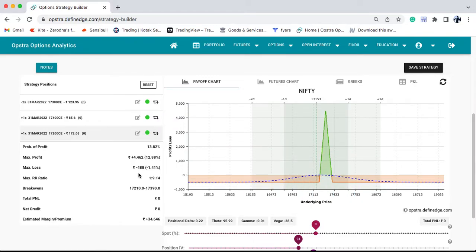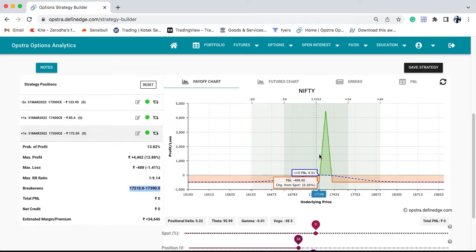In this you will lose 488 rupees, but if your view is right, you will make 4,400. Now the market is at 17,150, and if you expect the market will close between 17,210 to 17,390, then you can initiate this transaction.